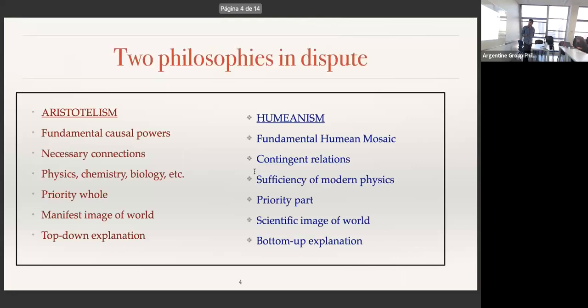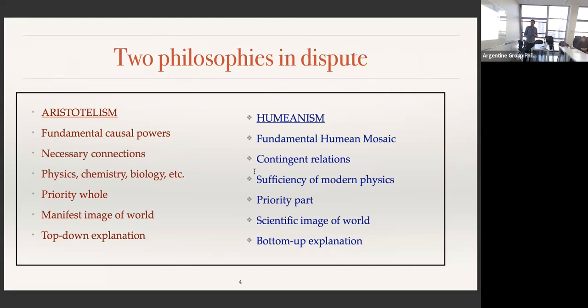Well, the introduction. In contemporary analytic philosophy, we can identify two different philosophies of nature in dispute. On one side, Aristotelianism is committed to an ontology of fundamental causal powers, necessary connections, and the priority of wholes over parts.